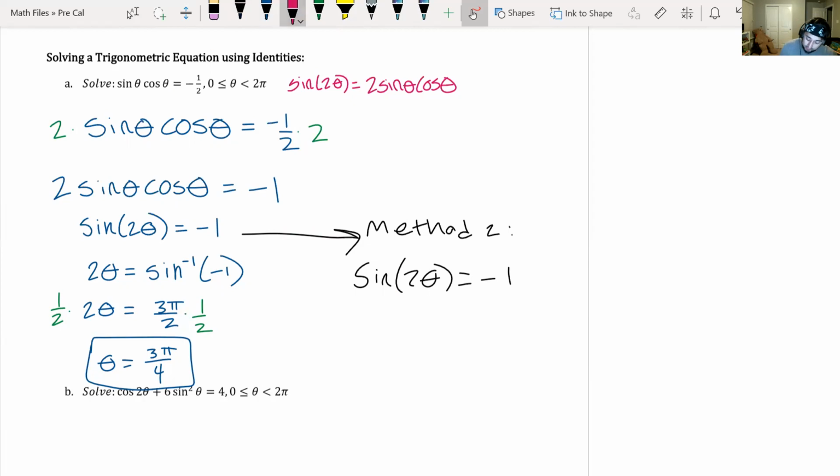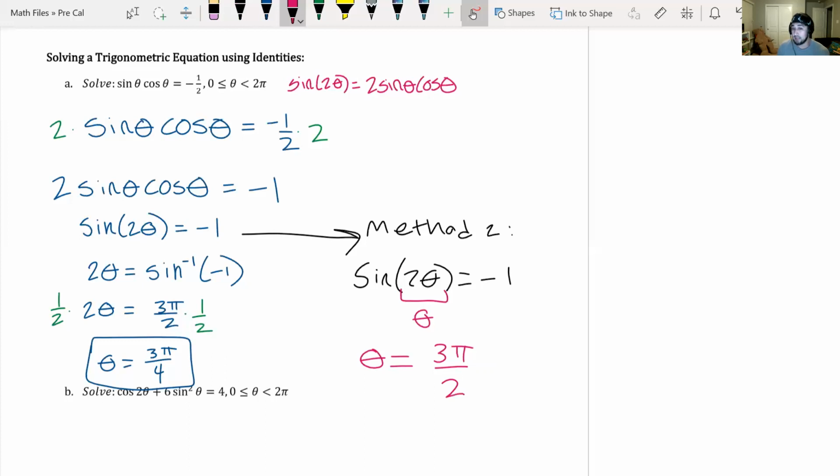Now, you have to see this as just theta and think of the unit circle. We say, where on the unit circle is sine equal to -1? And that only value of theta that sine can be equal to -1 at is 3 pi/2.